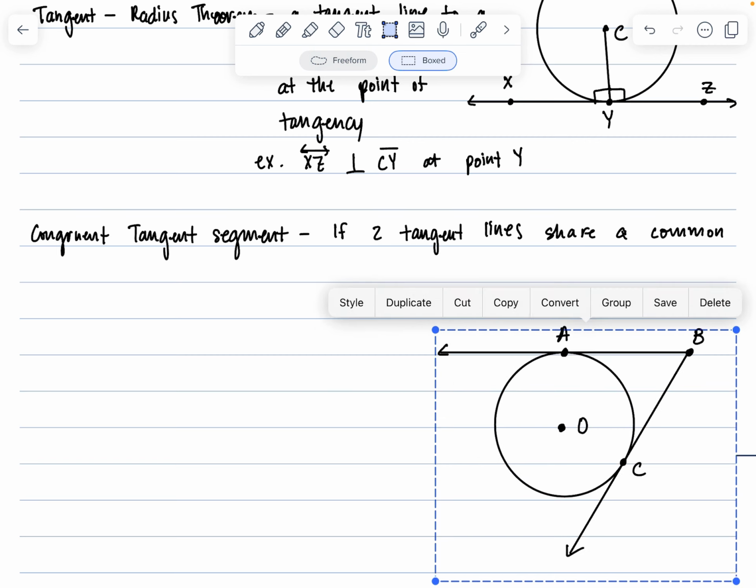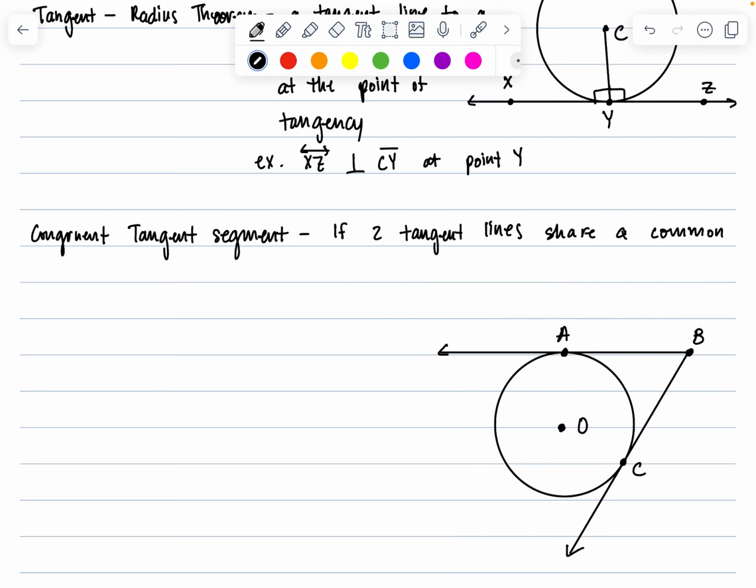If they share a common endpoint, in this particular case that common endpoint is B, because the two tangent lines are intersecting there, then the two segments are congruent.